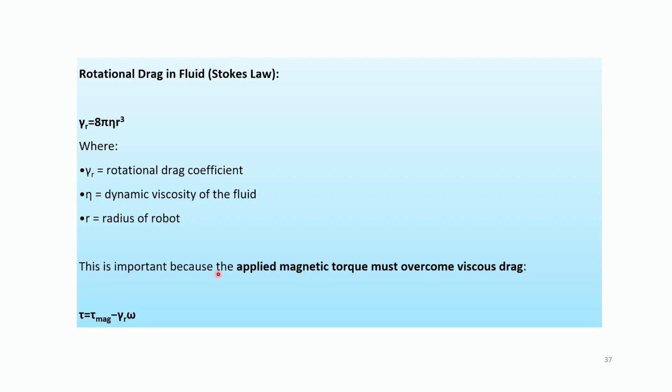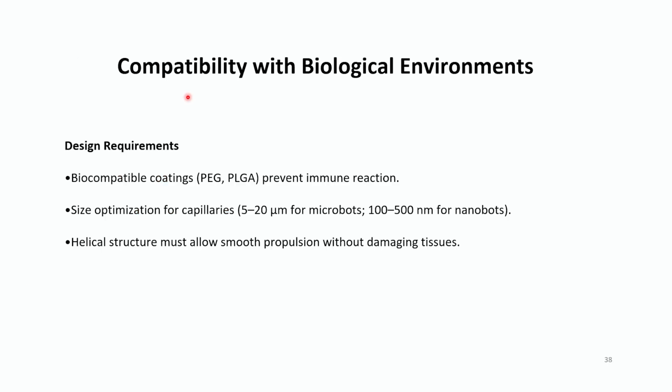This is important because the applied magnetic torque must overcome the viscous drag. That's the expression for your applied magnetic torque, and that's the rotational drag coefficient. So it needs to overcome this for forward movement.